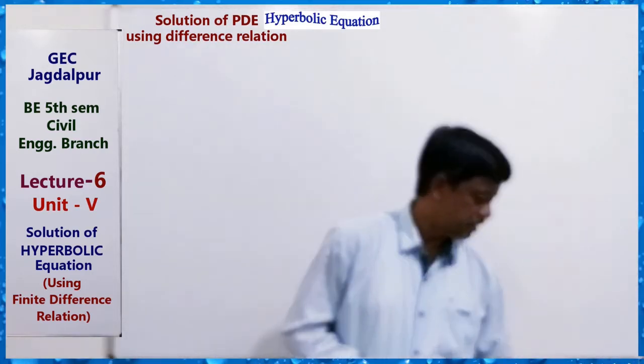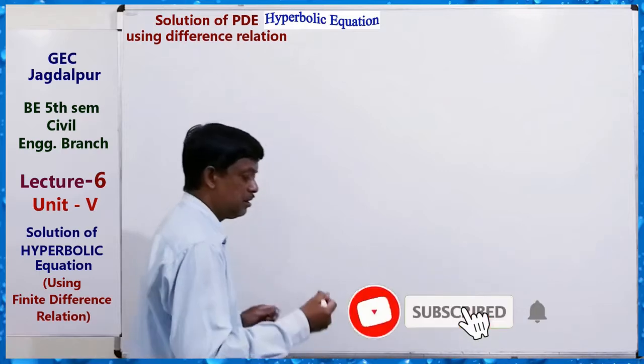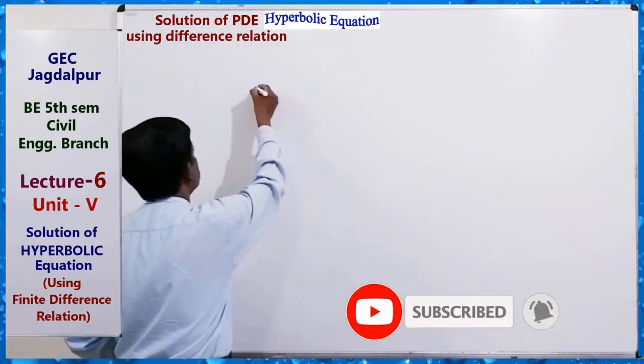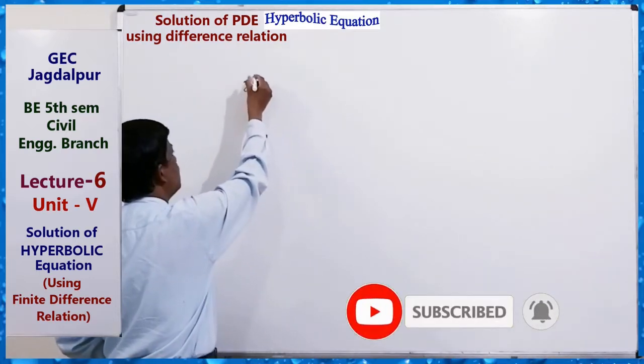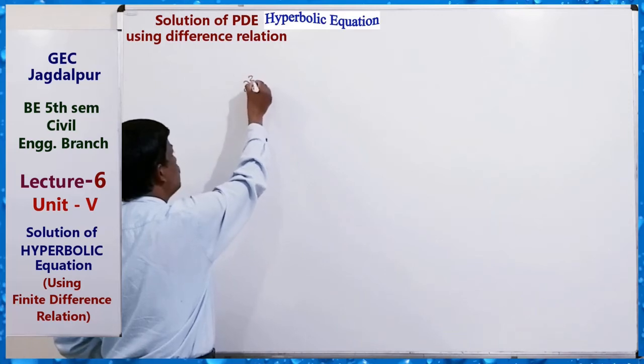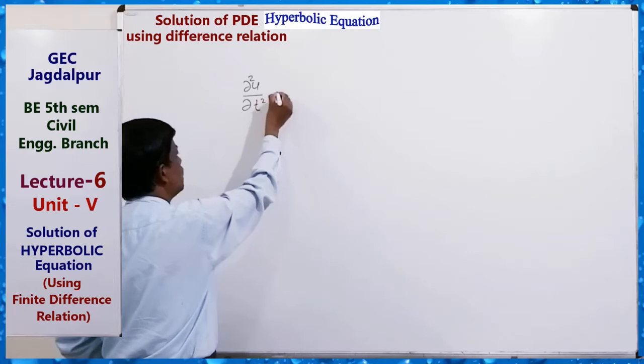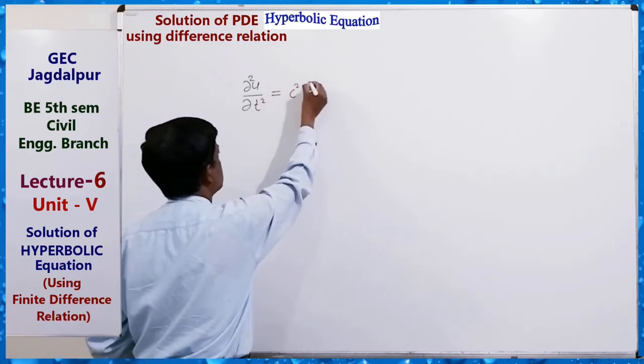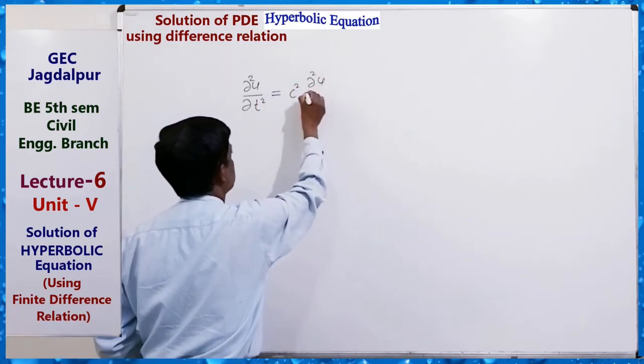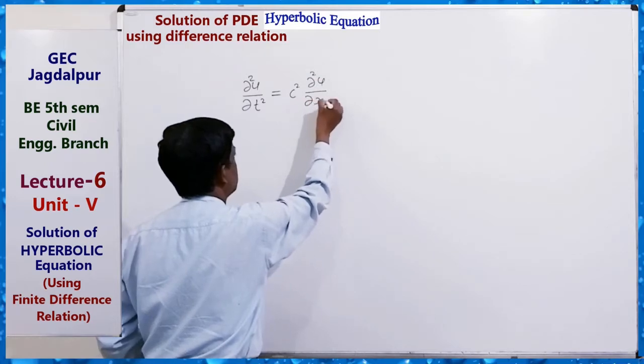So here is the simplest example: del 2u upon del t square equals c square del 2u upon del x square.